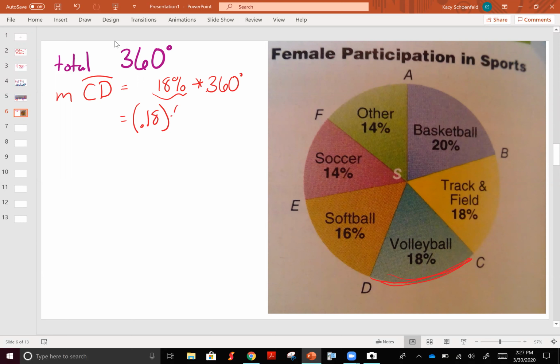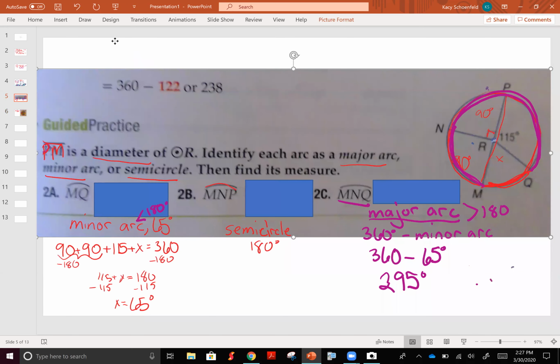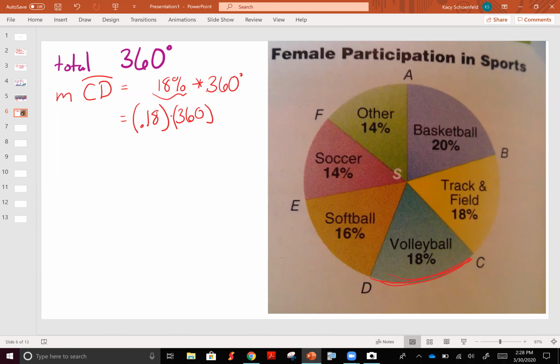I'm using parentheses; you can use multiplication symbols, whatever. Just make sure you get this typed into your calculator correctly. Not too much to type in. You do 0.18 times 360, and what you're going to have is 64.8 degrees.